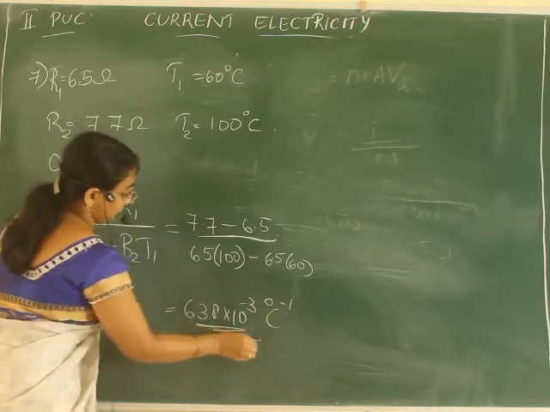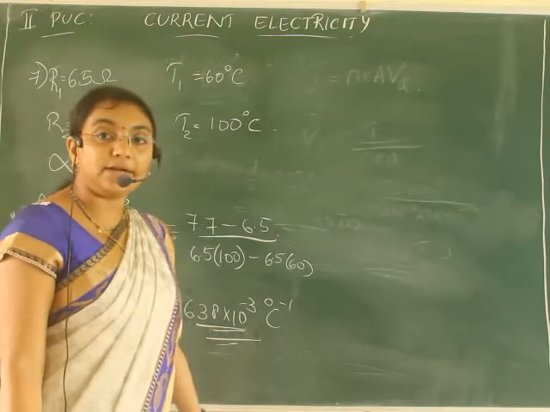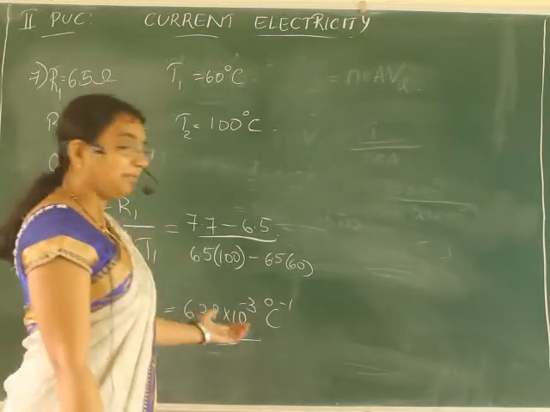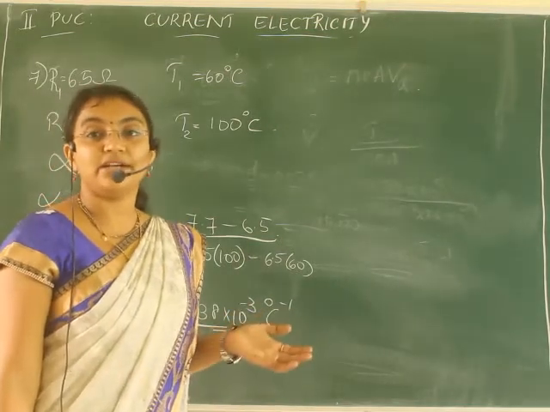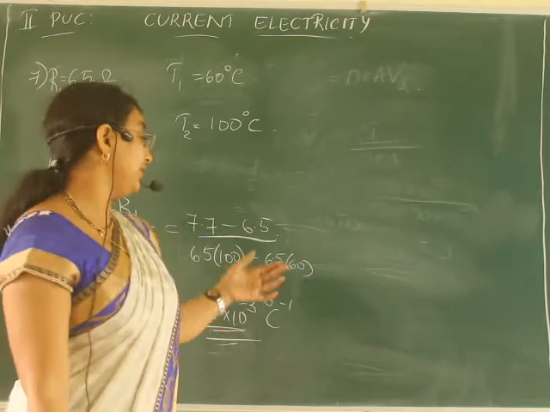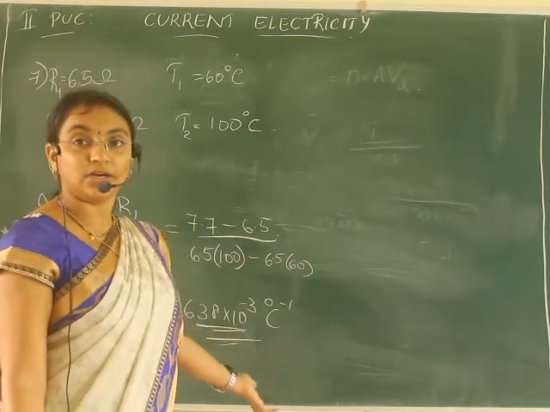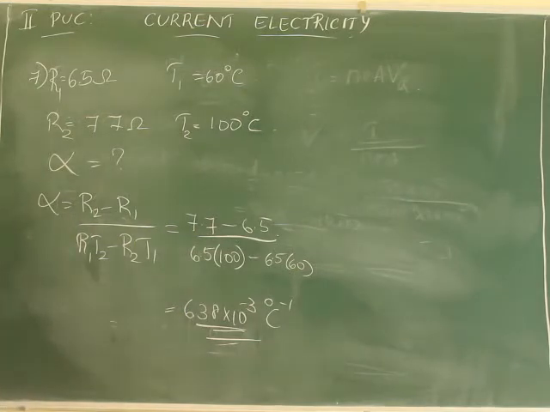Per degree Celsius. See, you can convert also or you can keep it as it is. Now I have kept it as it is, so the unit is per degree Celsius. If you have converted temperature from Celsius to Kelvin, then you have to write per Kelvin. Understood? Next. Shall I move further? Yes.